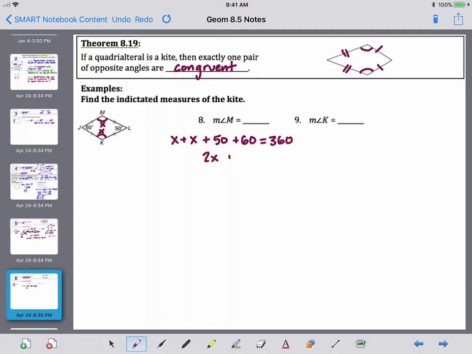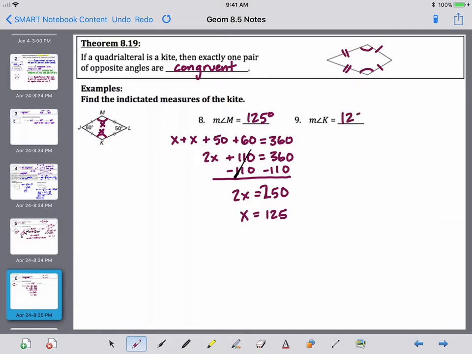We have 2x, and 50 plus 60 is 110, equals 360. If we solve this for x, we subtract 110 from both sides, and we'll be left with 2x equals 250, rather. And dividing by 2 will give us 125. So that tells us M is 125 degrees and K is also 125 degrees.